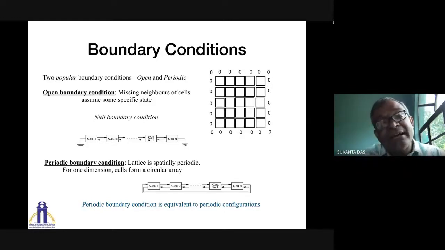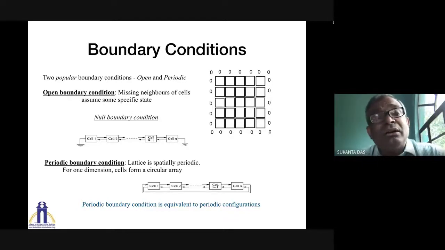Since I can get the full configuration by repeating the finite part over the whole lattice, periodic boundary condition is equivalent to periodic configurations.